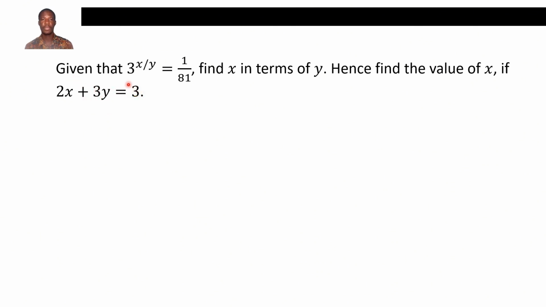Given that 3 to the power of a fraction x over y is equal to a fraction 1 over 81. Find x in terms of y. Hence, find the value of x if 2x plus 3y is equal to 3.